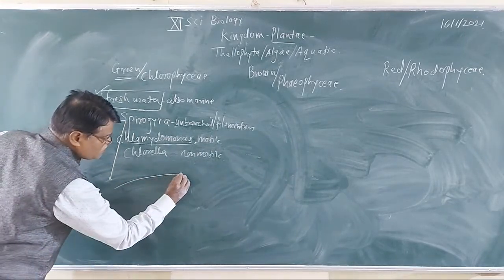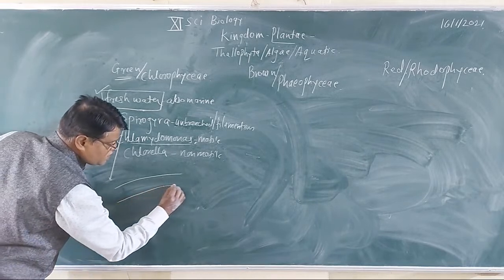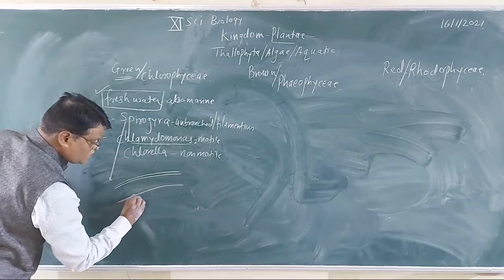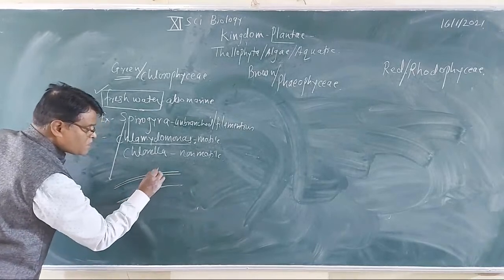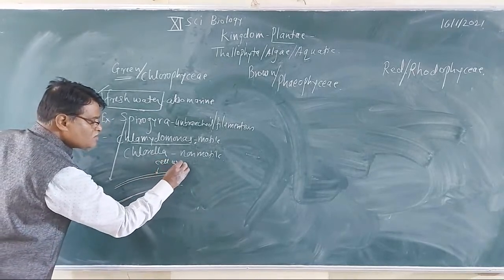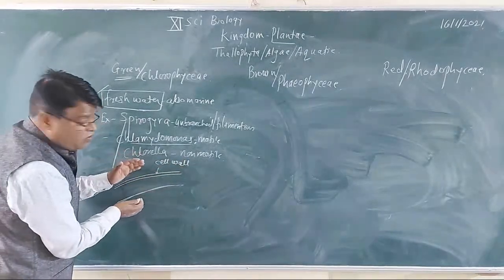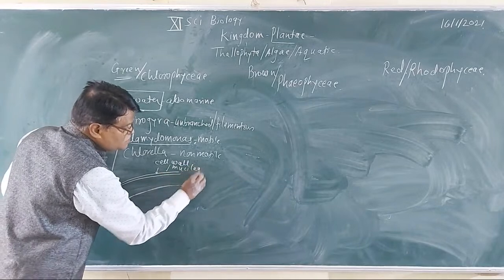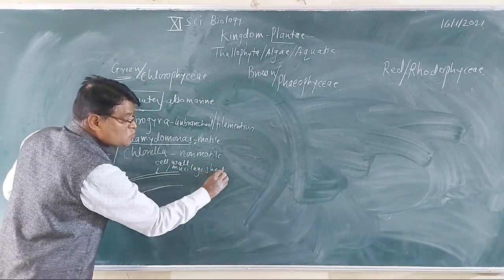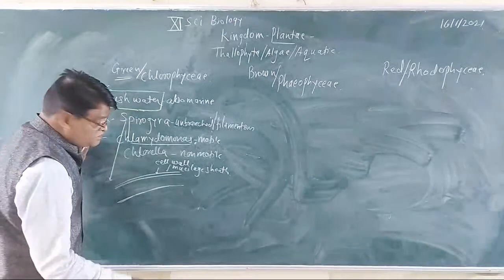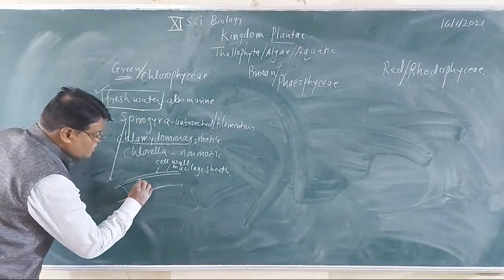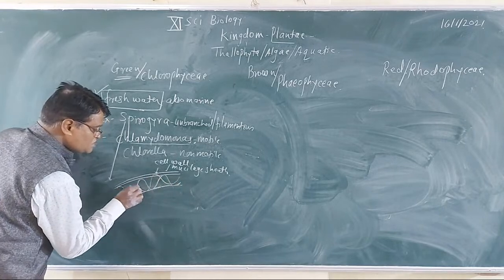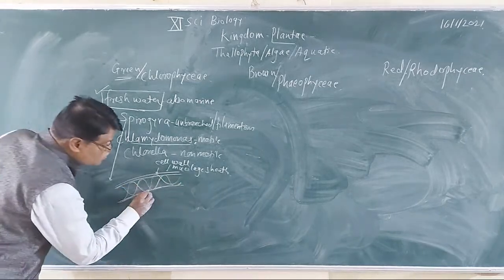I would like to draw a very simple diagram. This is Spirogyra. Here is the cell wall, and around the cell wall is the mucilage sheath, a lubricant sheath. Then it contains the chloroplast. Like this is the chloroplast, isn't it?